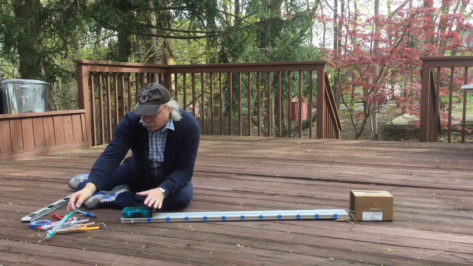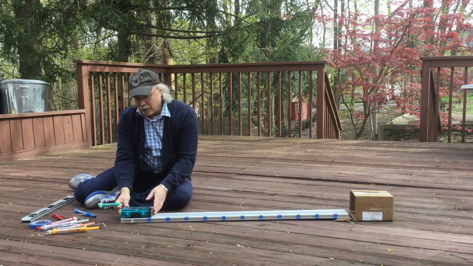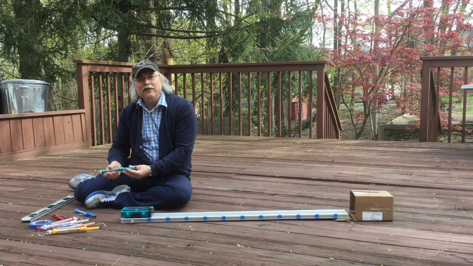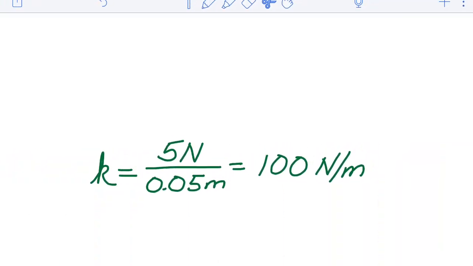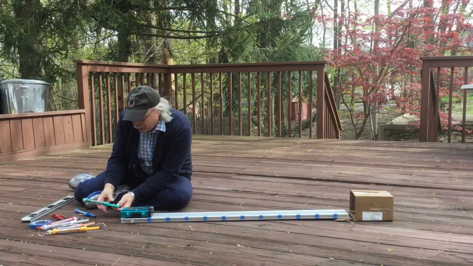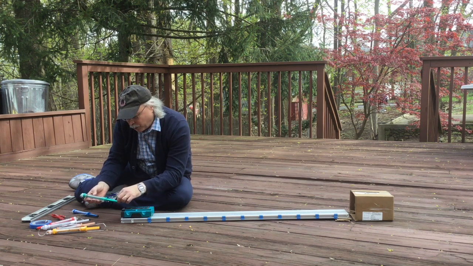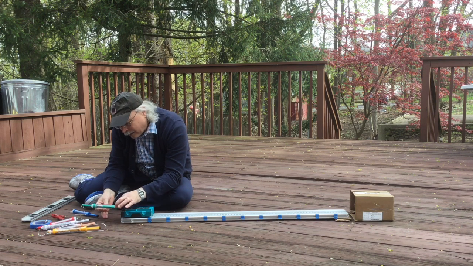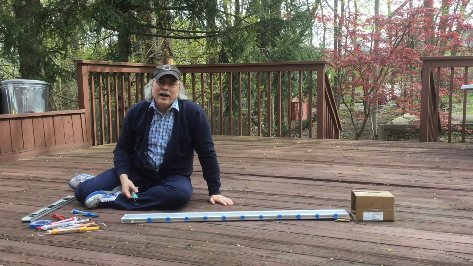Let me try a different spring. This spring is a little stiffer. It has a spring constant that's approximately 5 newtons divided by that 5 centimeters. And so when I compress this by that 5 centimeters, when we go ahead and release the spring, we've given it some velocity.